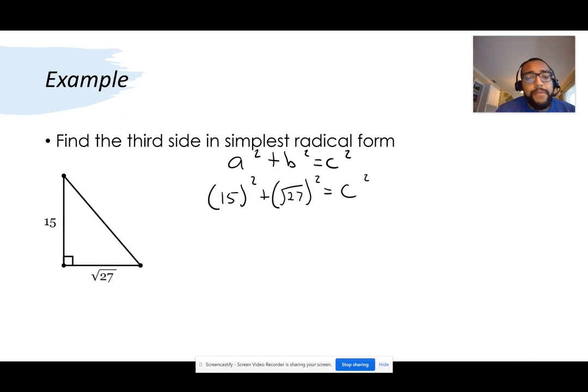Now here again, 15 squared is just 225. Square root of 27 squared. Now, you have a calculator, so feel free to use a calculator here. The square root of 27 squared is actually just 27.